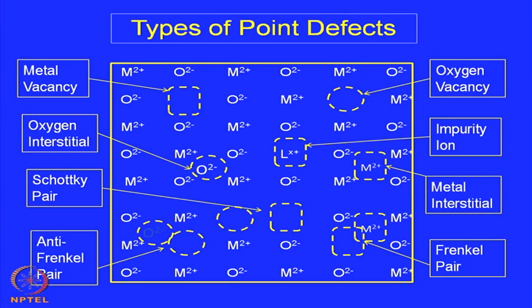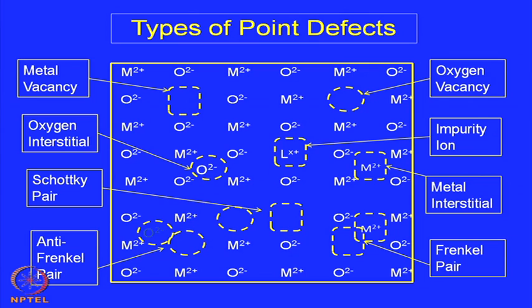So, these are the different kinds of possible point defects which can occur in some of the ideal crystals of any type, whether it is a high temperature material or a low temperature material, it does not matter. These kinds of things do occur all the time. In fact, thermodynamically it is a stable situation to have defects in solids.